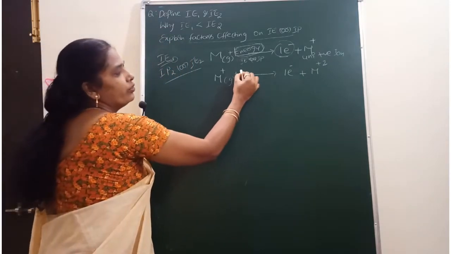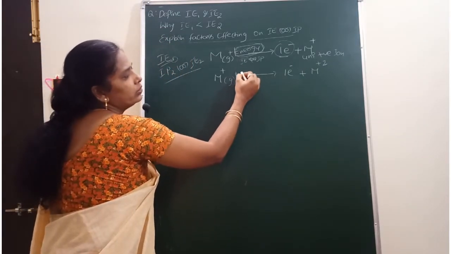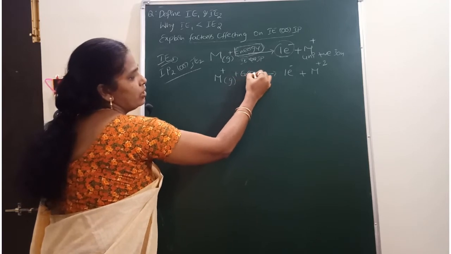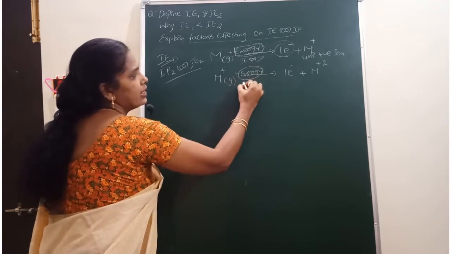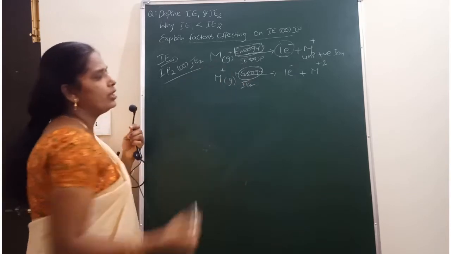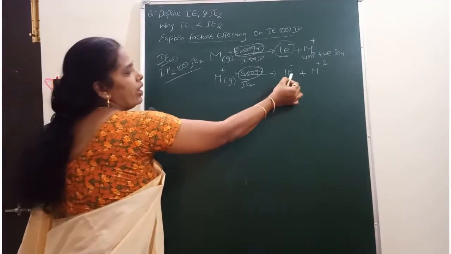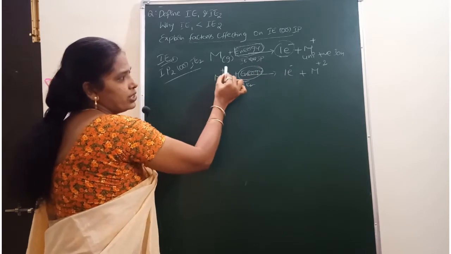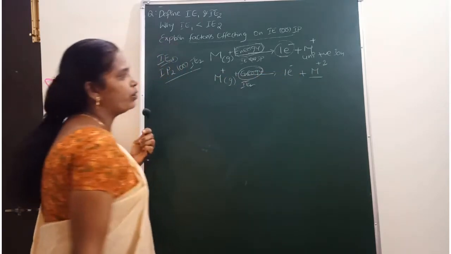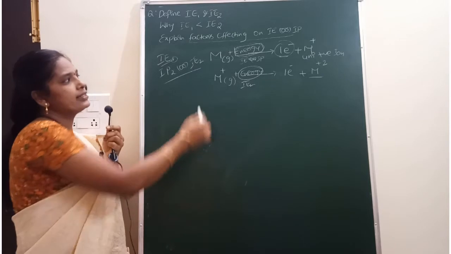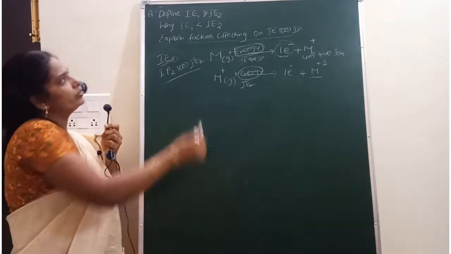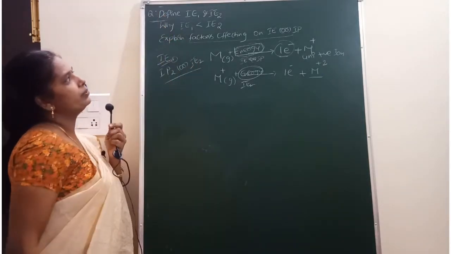For this, we use some energy, and this energy is called IE2. So the minimum amount of energy required to remove one electron from a unipositive ion to get a dipositive ion is called IE2. So the first concept is over.